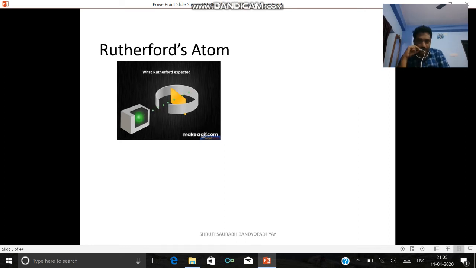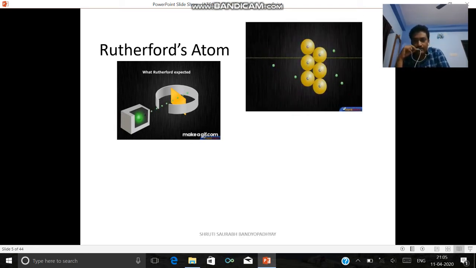What Rutherford expected was simple small deflection. Actually, most of the particles passed through the gold foil without any large angle scattering.